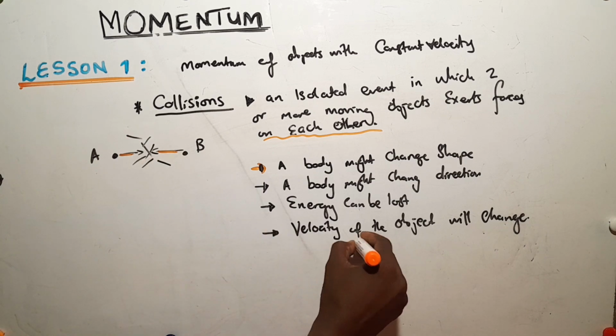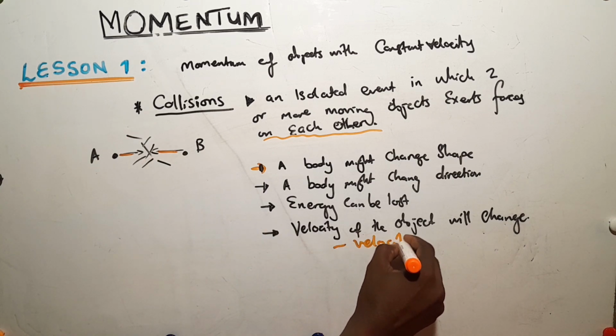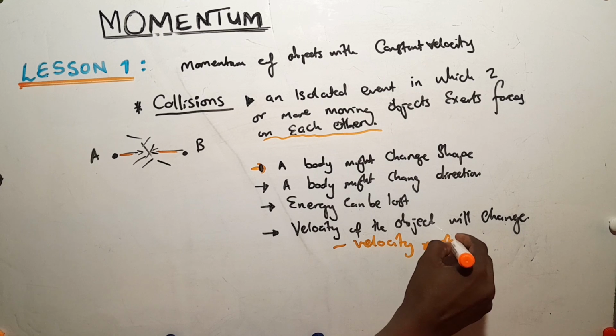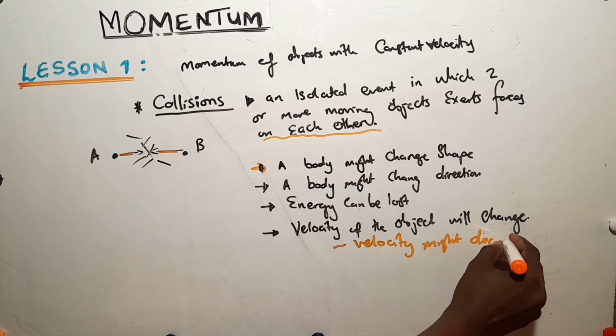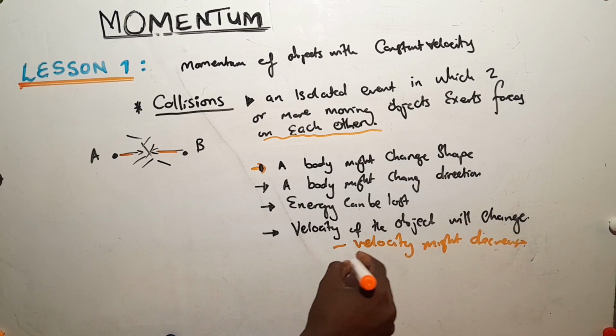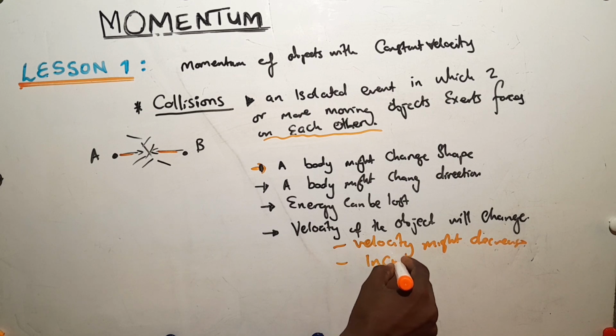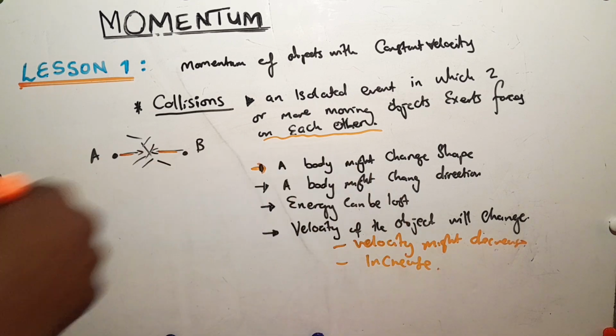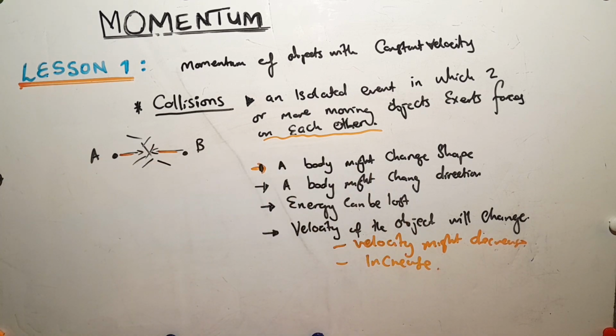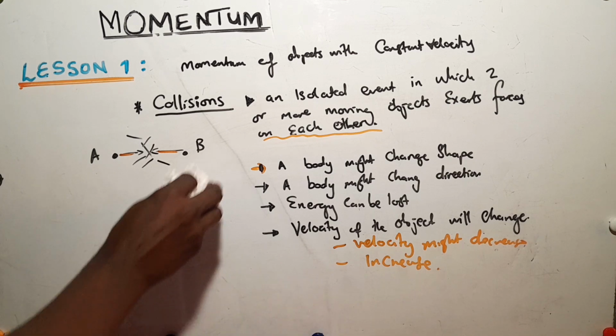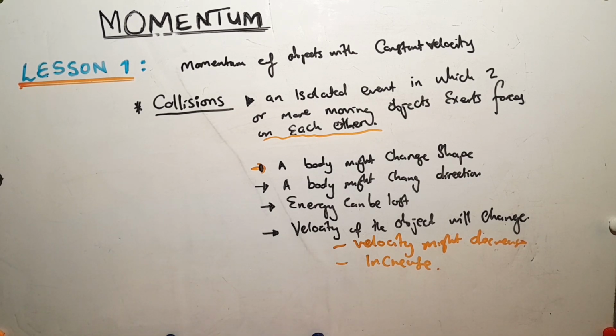It's either velocity might decrease or velocity might increase. One of those might happen. So now let's talk about when the velocity of the object changes.